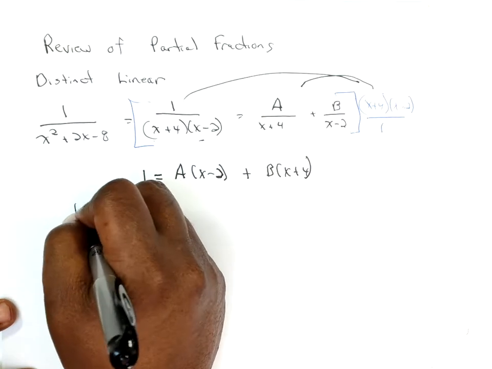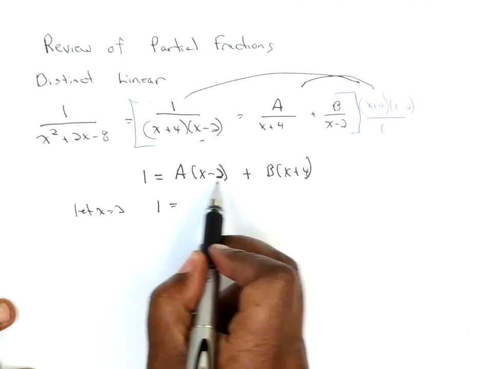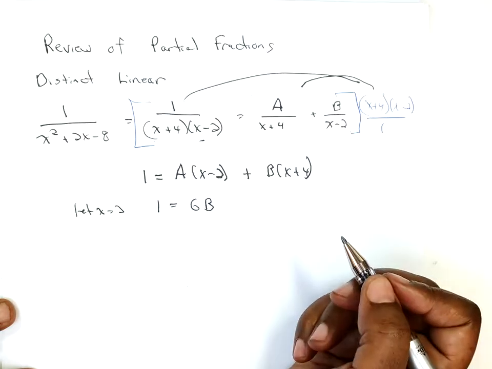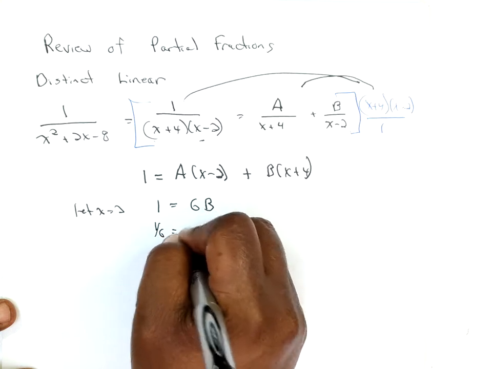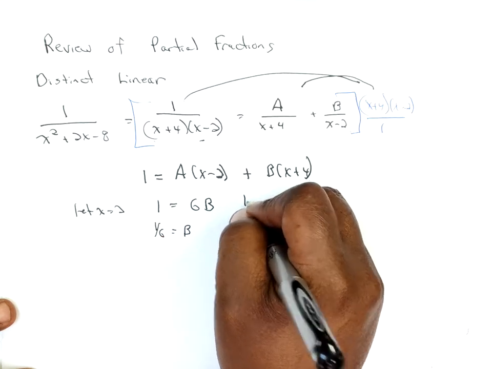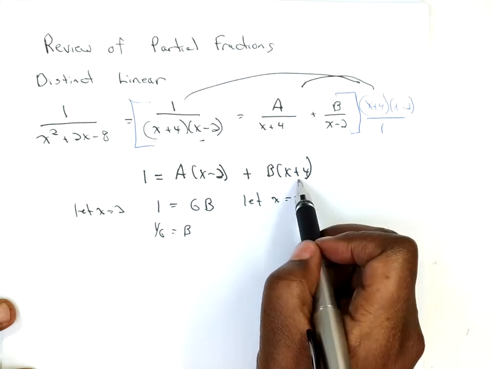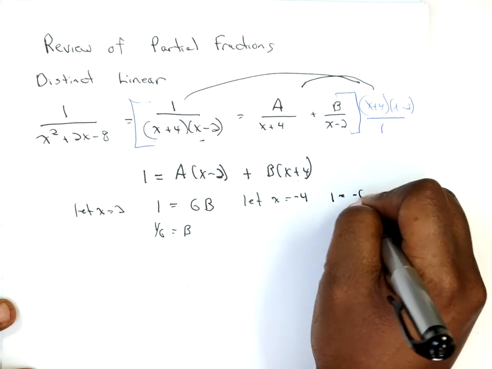So I'm going to let x equal 2. This term goes to 0, and I get 6b. So b is equal to 1/6. And then I'm going to let x equal negative 4. So this term goes away, and I get 1 equals negative 6a.